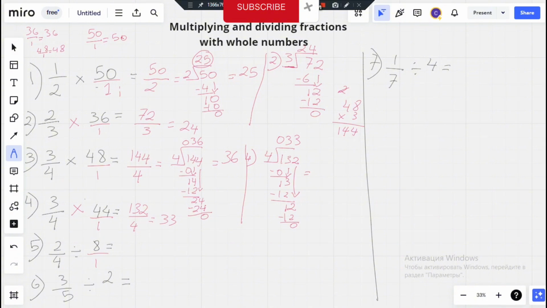Now, when it's division, we take the first fraction, 2 over 4, we write it again, and then we turn the division into multiplication. Then we flip the fraction: the 1 will go up and the 8 will go down.